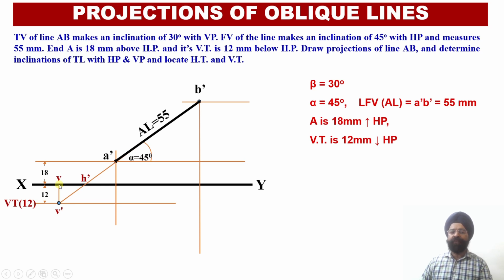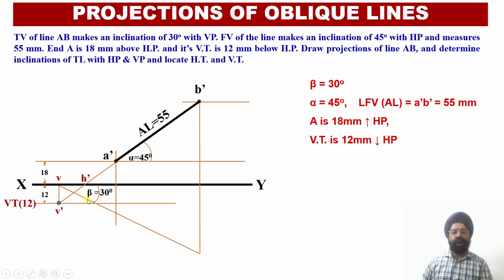So through this point V, now we are going to draw a projection line at an angle of 30 degree, that is angle beta equal to 30 degree. One point of this plan projection line we have been able to obtain through the information regarding the vertical trace. So through this we have drawn a vertical projector line to establish point V. Having established this point V, now through this point V we have drawn a projection line at an angle of beta equal to 30 degree.